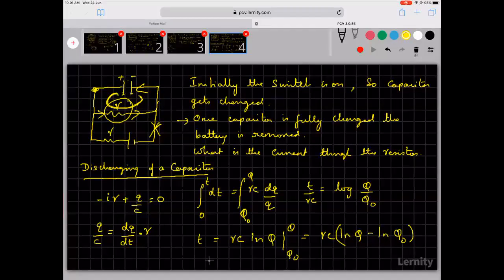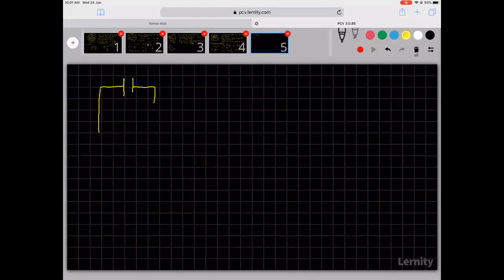See, there is a capacitor here. There is a resistor here. There is a potential V here. There is a capacitance C here. There's a resistor R here. Now this is a switch.